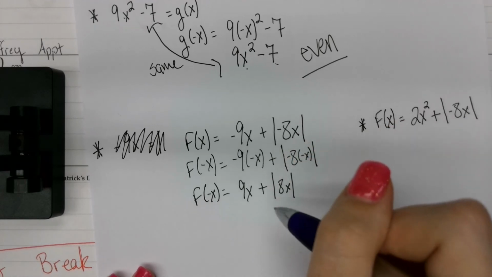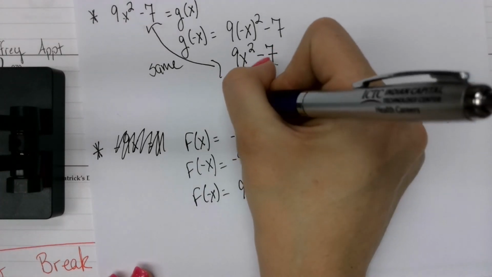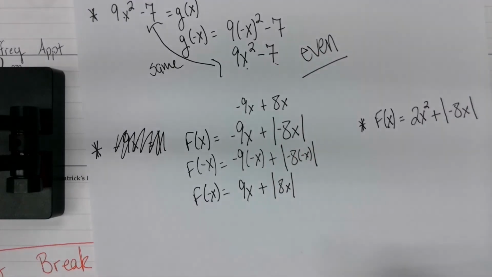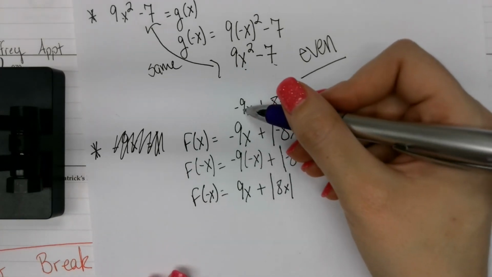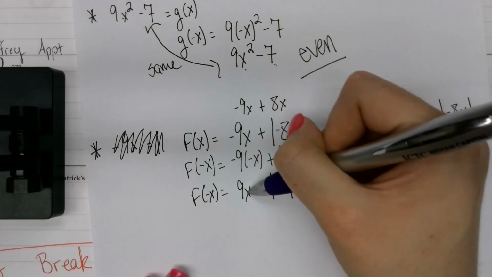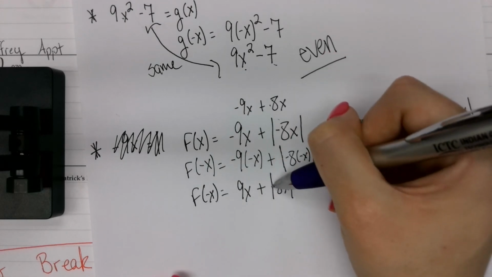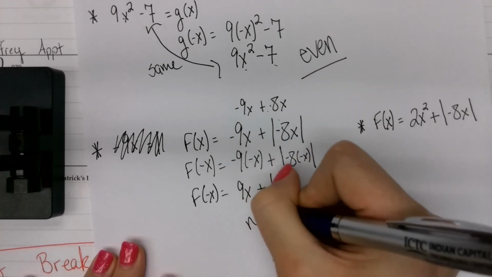The catch on absolute values is we would rewrite this one up here, negative 9x plus 8x, because the absolute value of that is still going to be positive. So then when I compare these, I have a negative and a positive and a positive. So since this one didn't change here, it's neither.